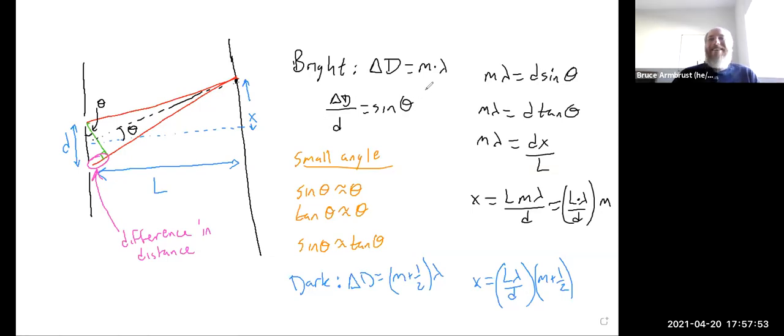So, all right. So let's talk about another place where we see interference. And this was something that was brought up earlier when we were talking about rainbows.